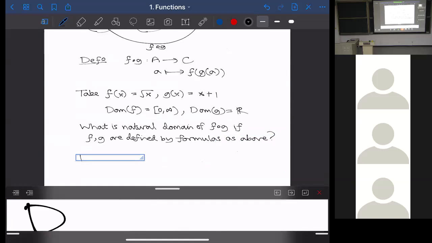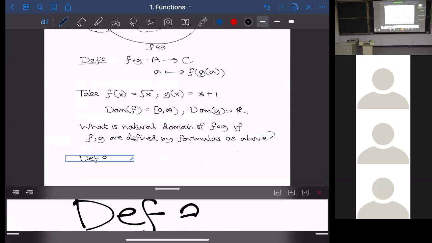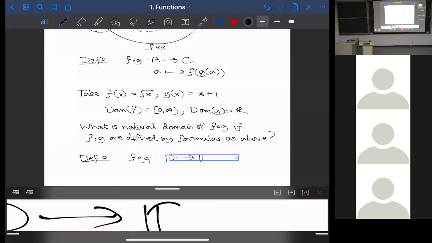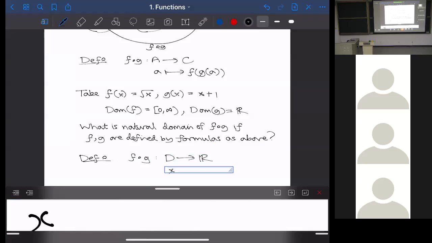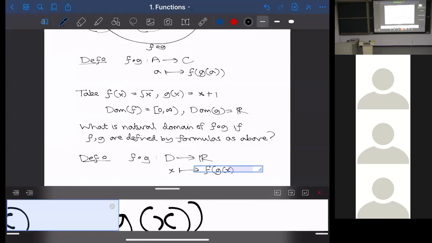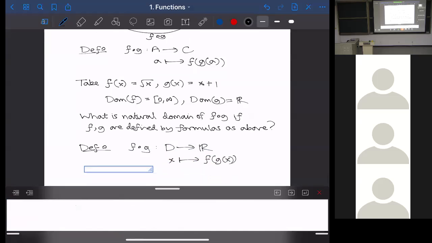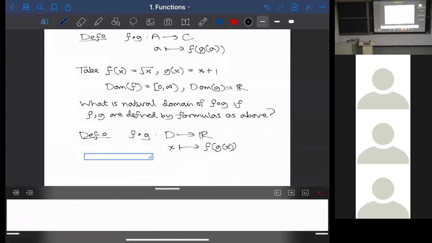Well, the answer is given by the following definition. The domain is D. If the input is x, then the output is the value g(x), and then the function f is done to get f(g(x)).